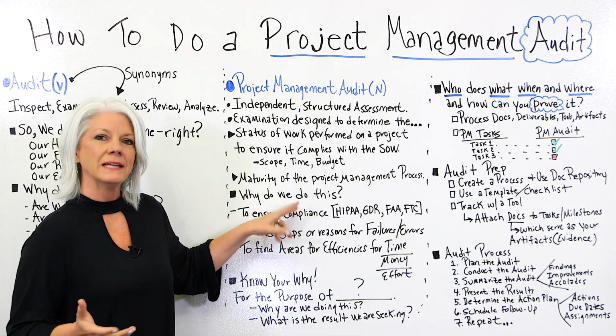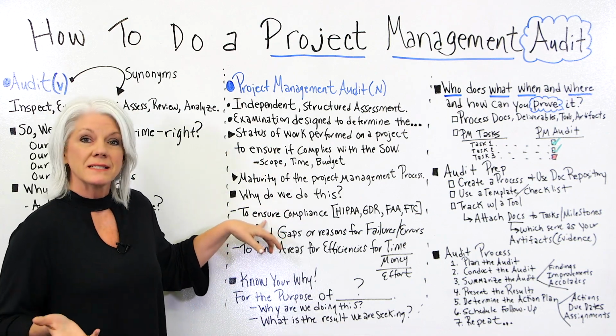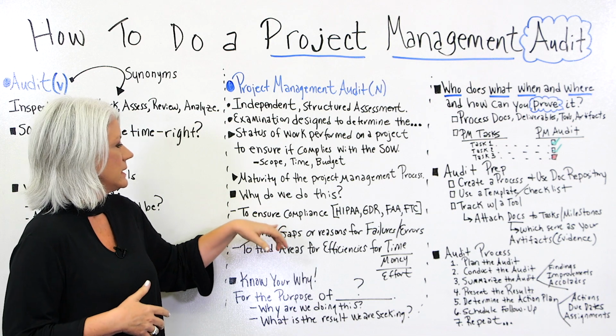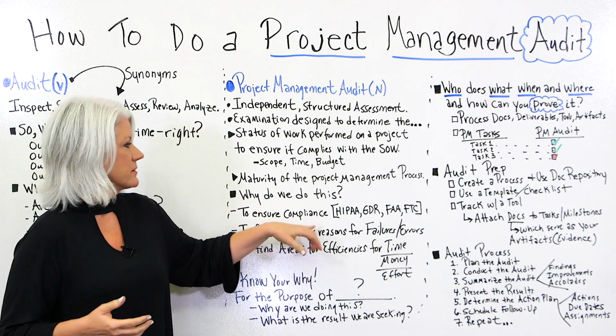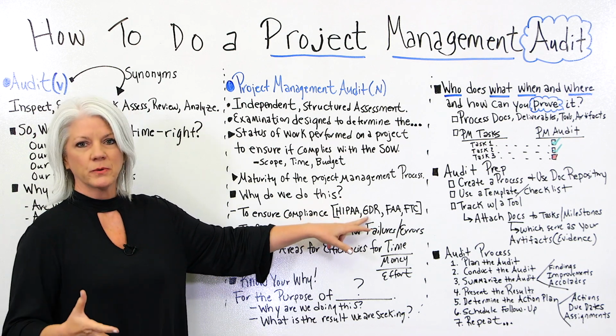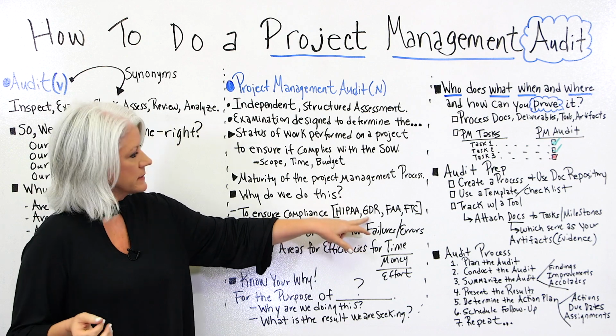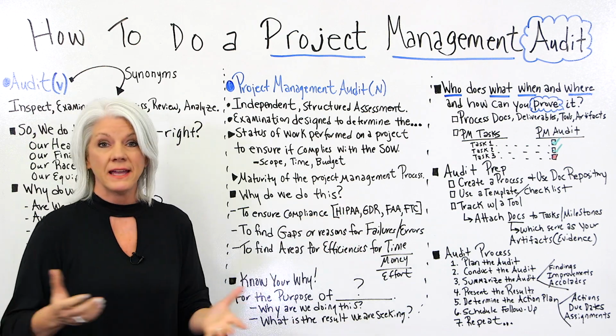So why do we do the project management audit? Well, in some cases, we want to make sure we're complying. There are things in healthcare like HIPAA. Now, with people working with data, there are the general data requirements, and even the FAA and the FTC.